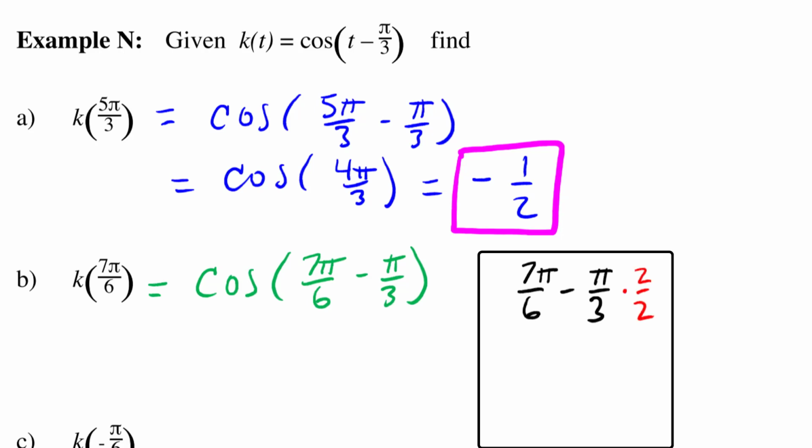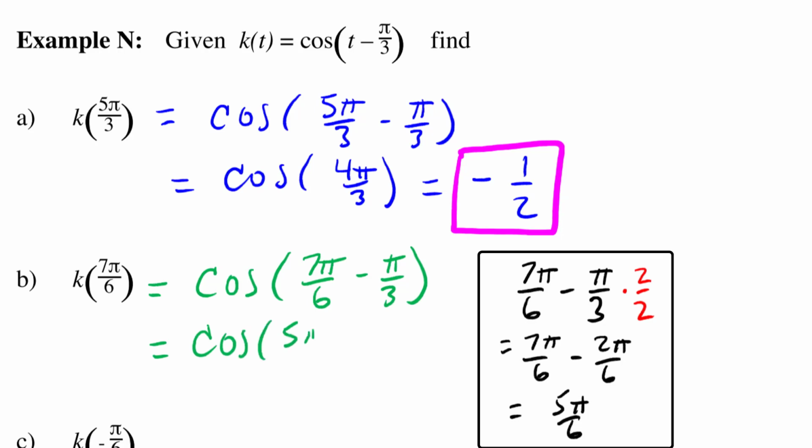That's 7 pi over 6 minus 2 pi over 6, and that gets us 5 pi over 6. So the argument simply becomes 5 pi over 6, and we get cosine of 5 pi over 6, and that is in quadrant 2, so it's negative. And cosine of pi over 6 is square root of 3 over 2, so we get negative square root of 3 over 2.